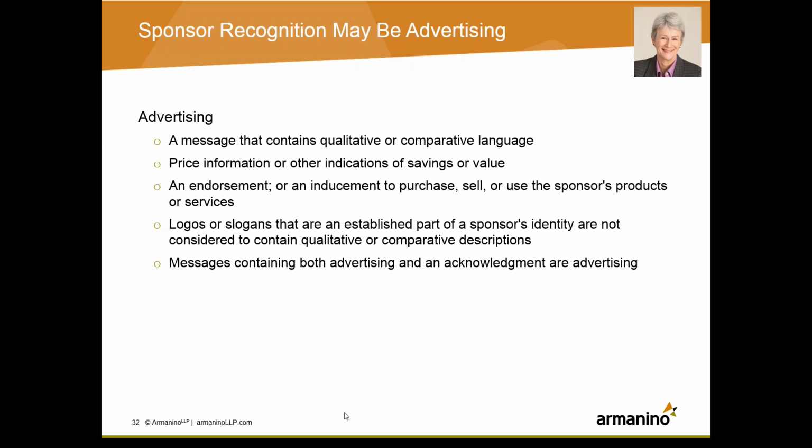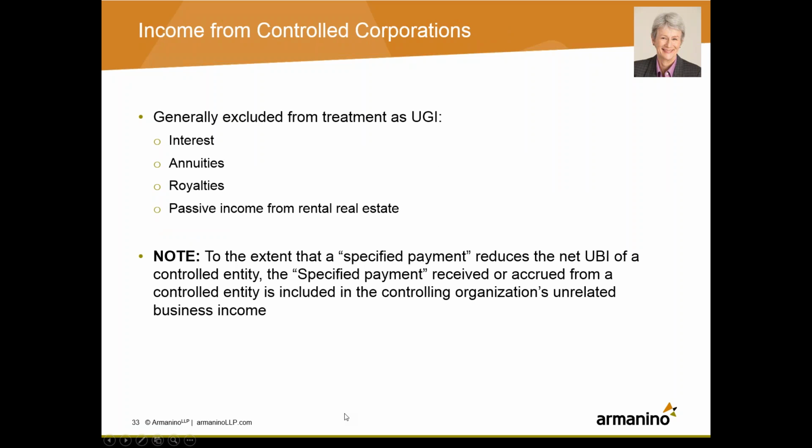Okay, go to the next slide. Income from controlled corporations. We have touched on this in previous webinars, but we haven't gone in depth. We're seeing more and more taxable subsidiaries and tax-exempt subsidiaries.